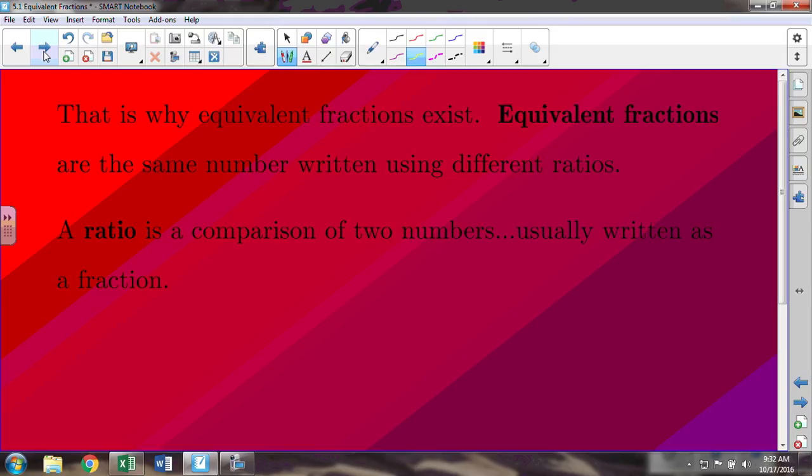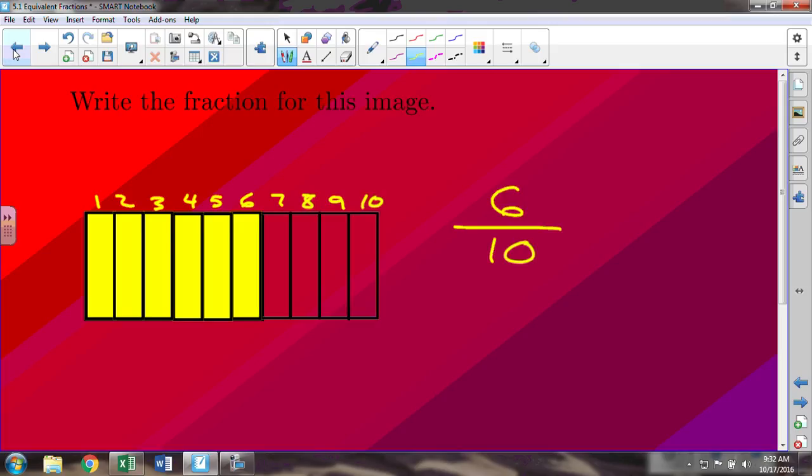Equivalent fractions exist because you can actually write the same number using different ratios. In particular, we had this fraction written out 6 over 10, but we could have grouped these blocks a little bit differently.